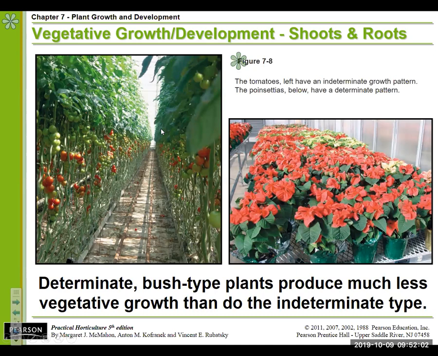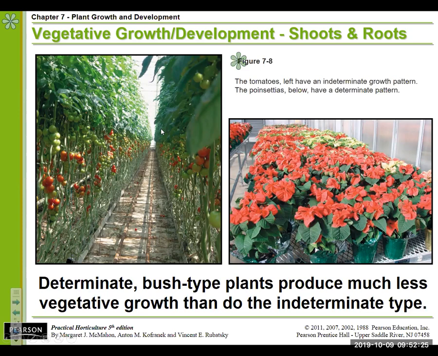But what we're looking at here is just bush type versus vine type. One continues to grow and continues to produce flowers and fruit, whereas the other one stops once it reaches that sexual maturity. And there are reasons to grow both of them.